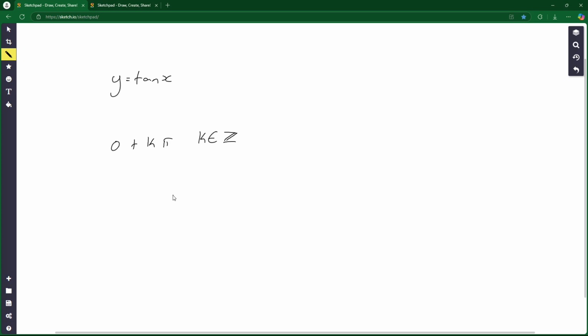And then we are trying to find some more asymptotes. So y is equal to negative tan x plus pi. Our left asymptote is just going to be negative pi over 2, because what we have in here is just pi.